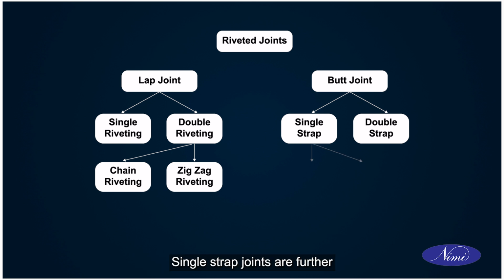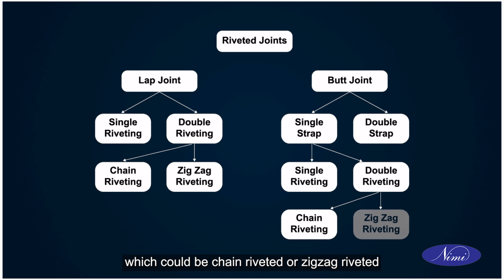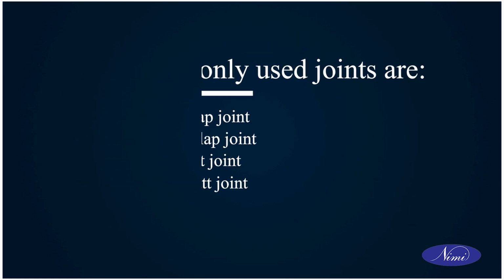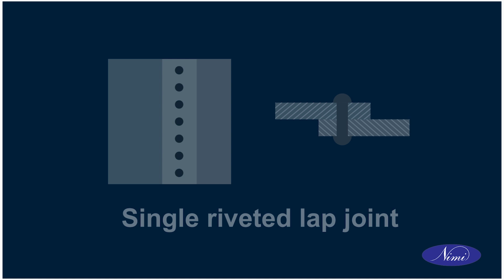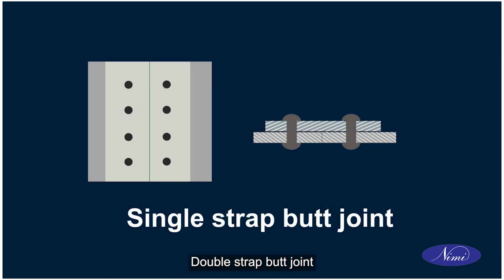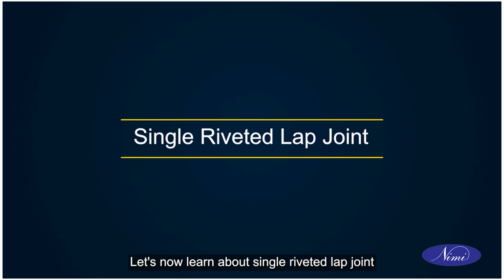Single strap joints are further classified as double riveted, which could be chain riveted or zigzag riveted. The commonly used joints are single riveted lap joint, double riveted lap joint, single strap butt joint, double strap butt joint. Let's now learn about single riveted lap joint.